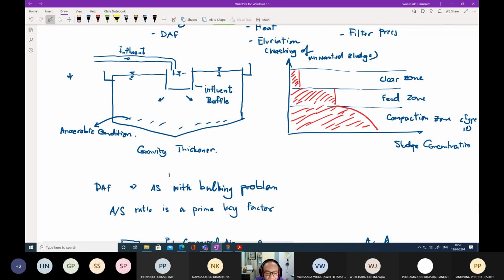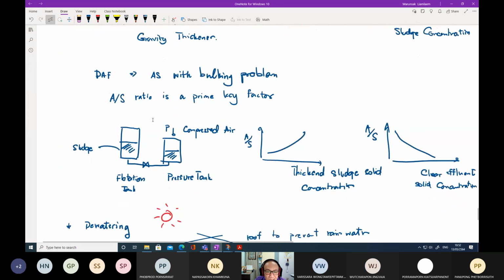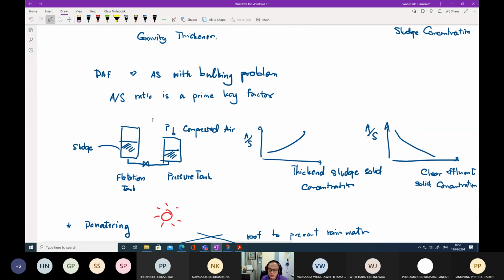Okay, this one is the gravity thickener. For dissolved air flotation, we can apply pressure in the pressurized tank.